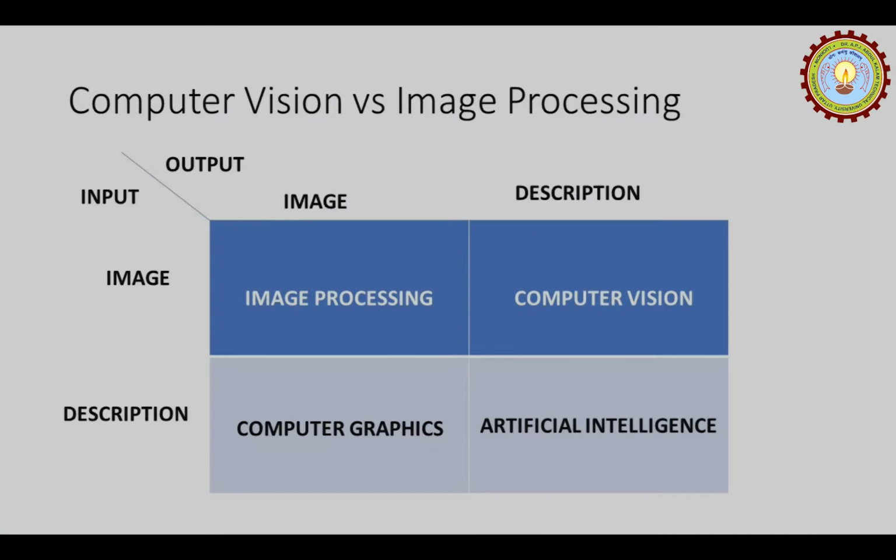A system which takes an image as input and outputs some information about what kind of object is in the image, whichever system does this kind of task comes under the computer vision category. Computer graphics and artificial intelligence, I'm not going to touch on. However, I'll tell you how artificial intelligence is being used in solving some of these tasks in computer vision or image processing, right? So this is the basic difference between computer vision and image processing.